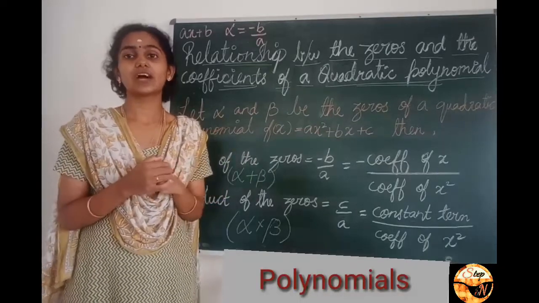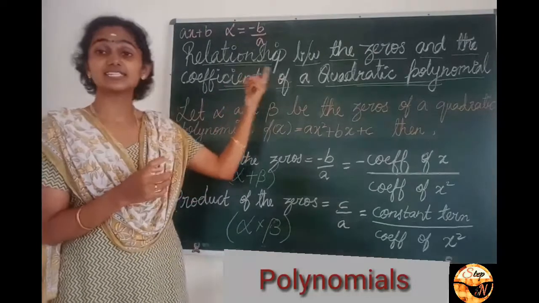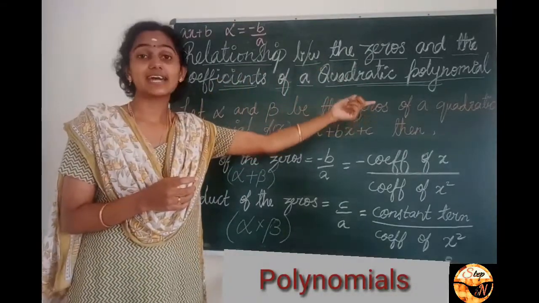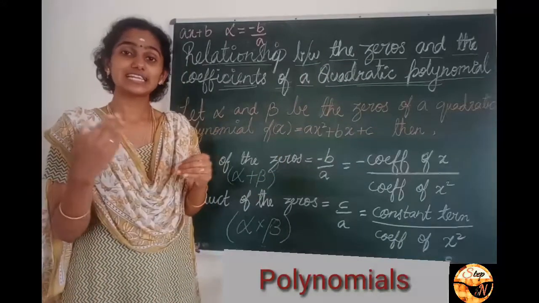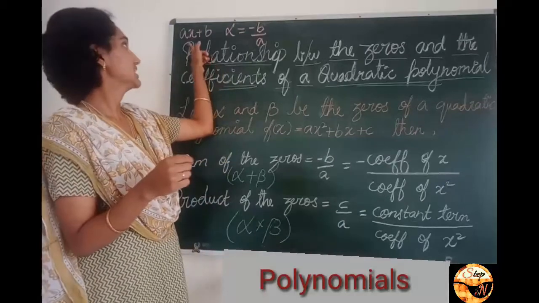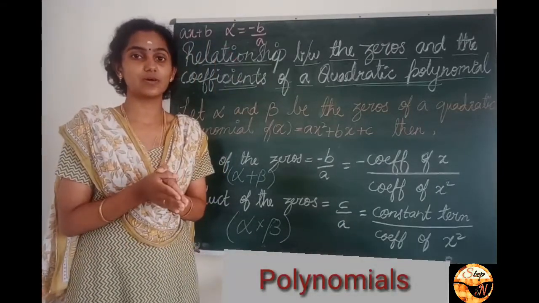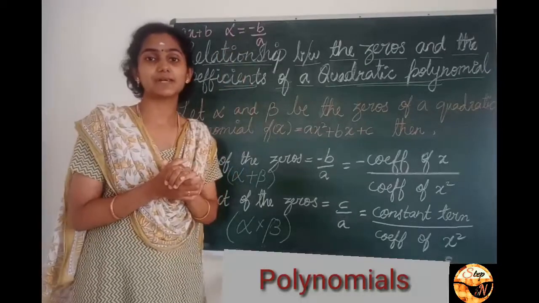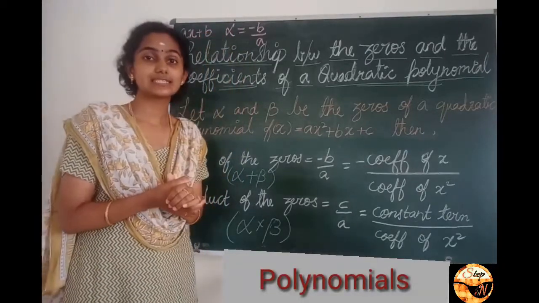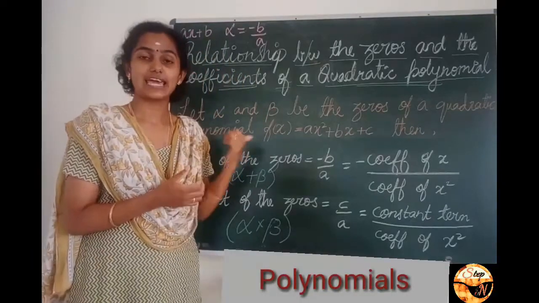Now we are going to see the relationship between the zeros and the coefficients of a quadratic polynomial. In the last class we saw the zero of a linear polynomial ax plus b, which is minus b by a, that is, the minus of the constant term by the coefficient of x.